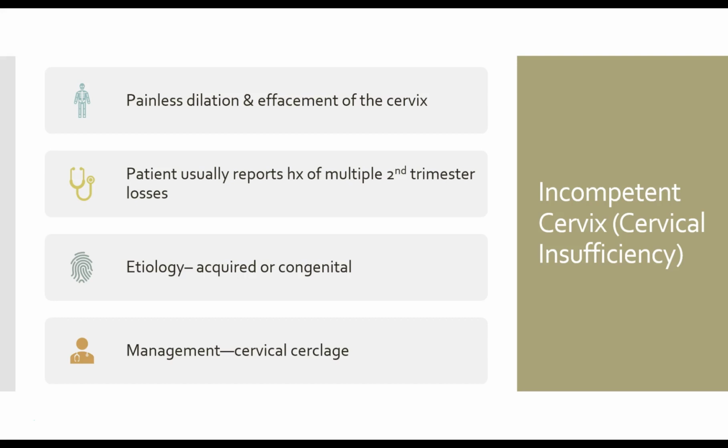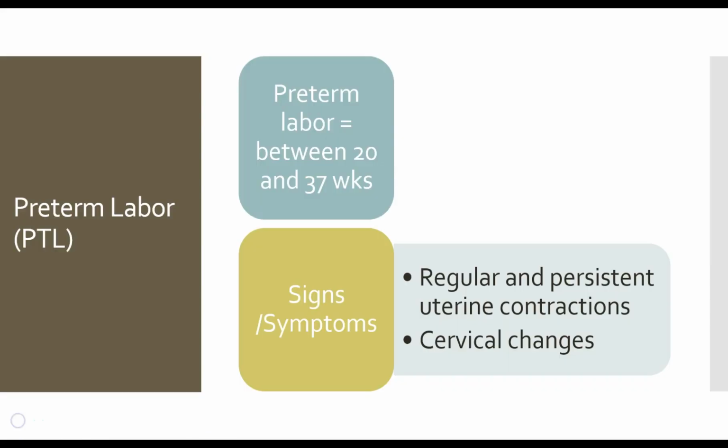Okay, it could be either of those. Management is a cervical cerclage, which is an actual suture that they put in the cervix to try to keep it closed. They actually have to remove that at the time when the woman is getting ready to go through labor.